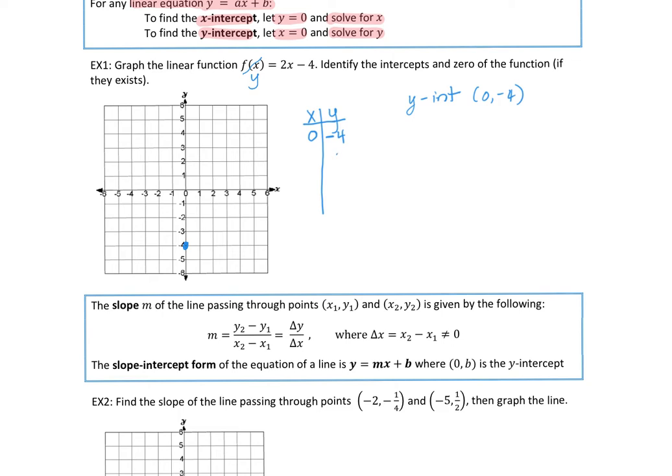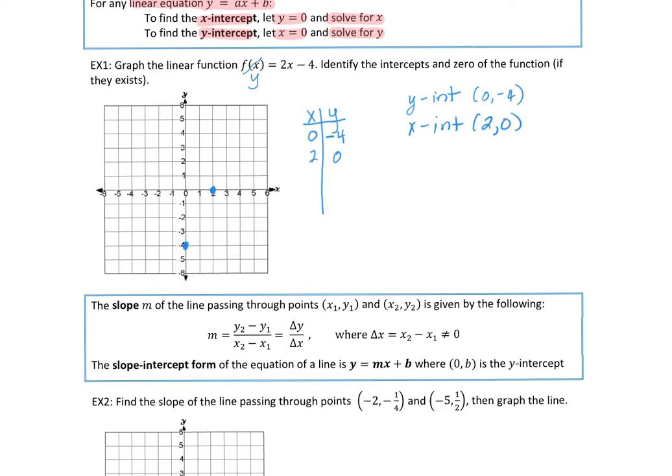If I put in 0 for y in the equation and solve for x, I get x is equal to 2. So this point 2 comma 0 is going to be my x-intercept. As you see from the graph, at that point we are intercepting the x-axis. So x-intercept is going to be the point 2 comma 0.